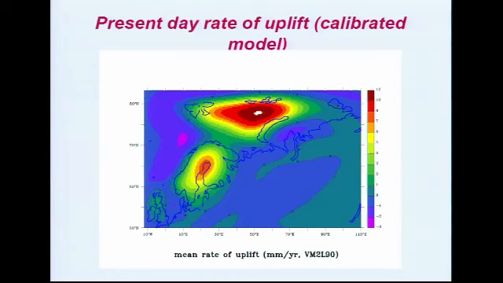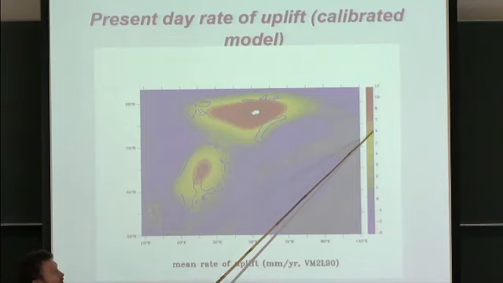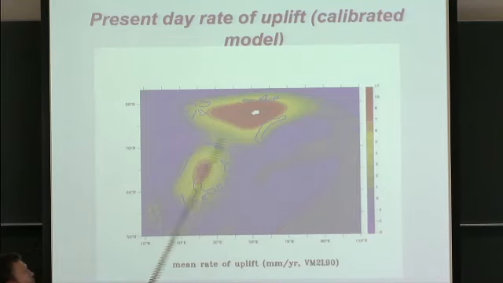Here's the ensemble calibrated model of present-day uplift for Fennoscandia. This is in millimeters per year. You can read this. This is 12. The end of the green is 6 millimeters per year.